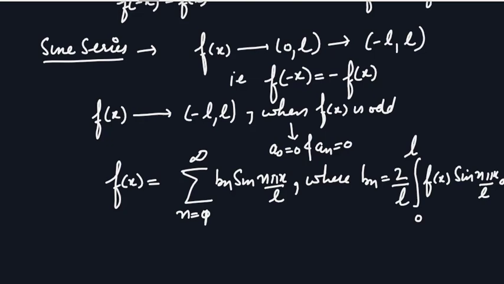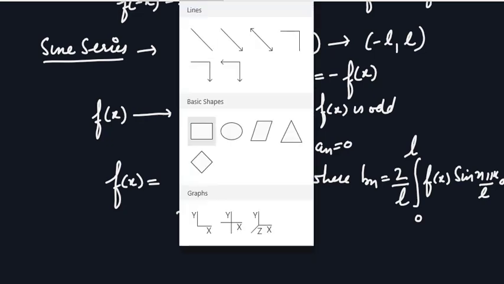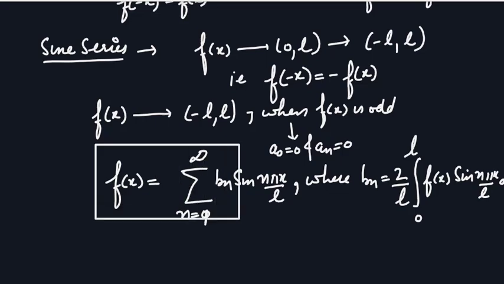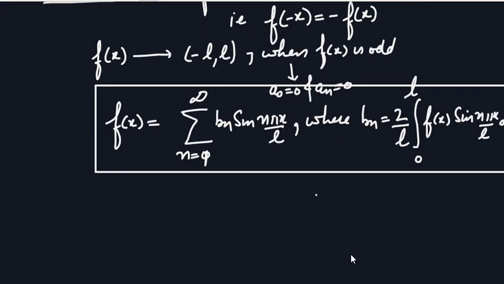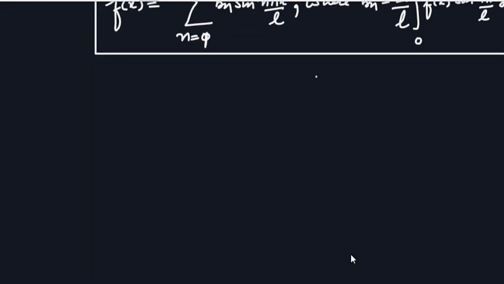Fine. This series is called our half range Fourier sine series. In case we wish to write the cosine series, then I will extend the function in such a way that it becomes symmetrical about the y-axis.